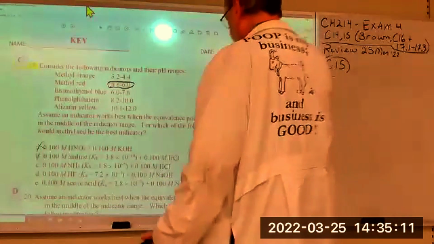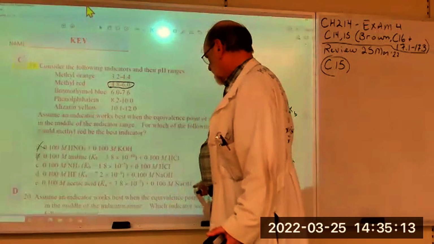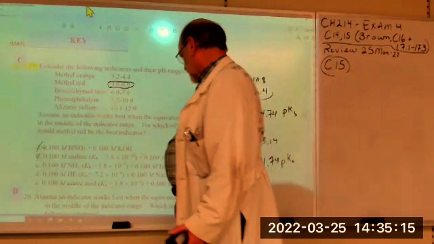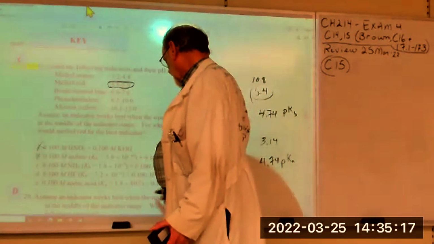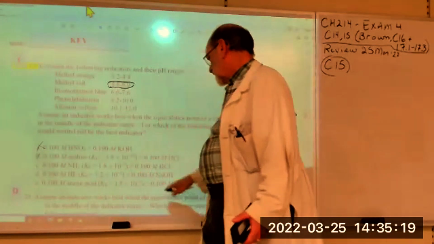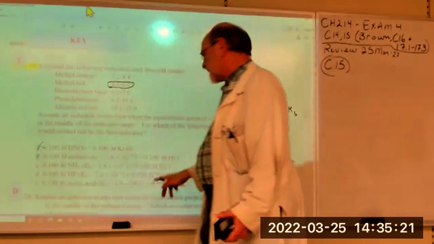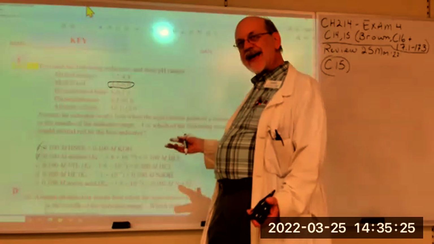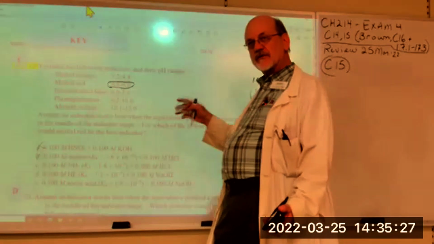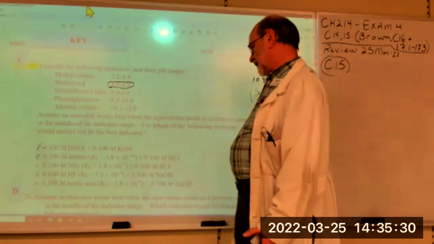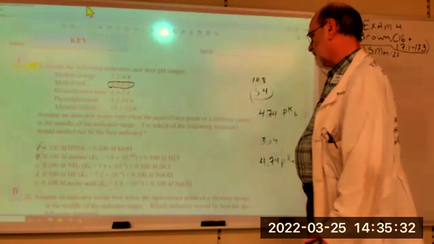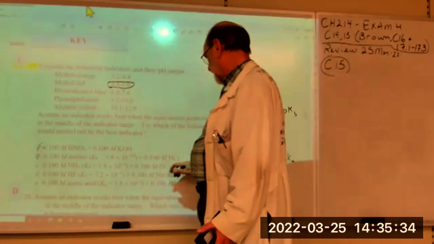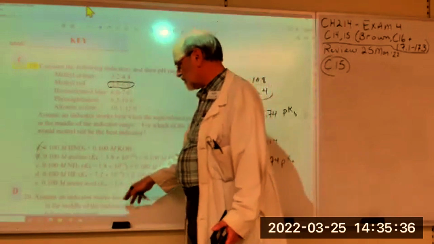Okay, so when we do this titration, I didn't do the stoichiometry first. The stoichiometry neutralizes this acetic acid and produces acetate in a certain concentration. And then the acetate is the return reaction for equilibrium. So that's how you decide that C is the best answer.